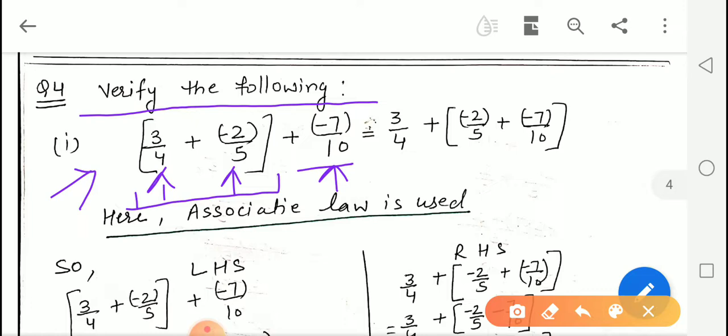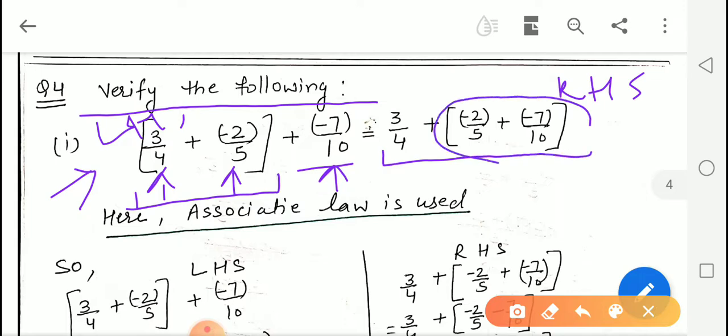So there are three rational numbers. This is the left hand side. Now let us see the right hand side. Here what the question is asking for, they have changed the group. Here they have changed the group. So this is a grouping property.